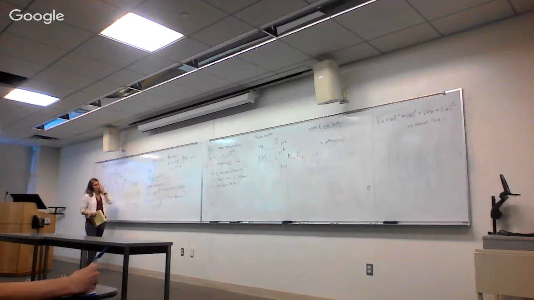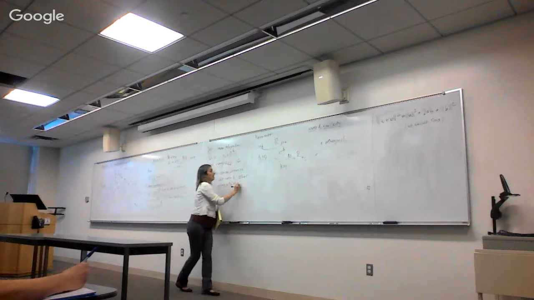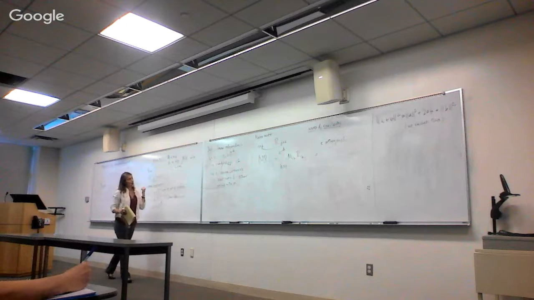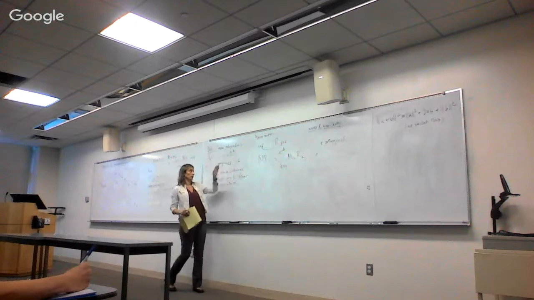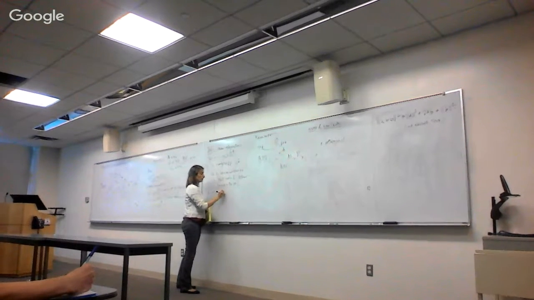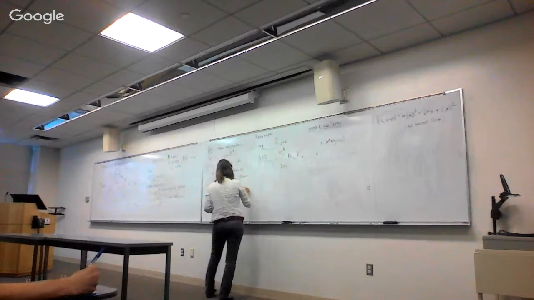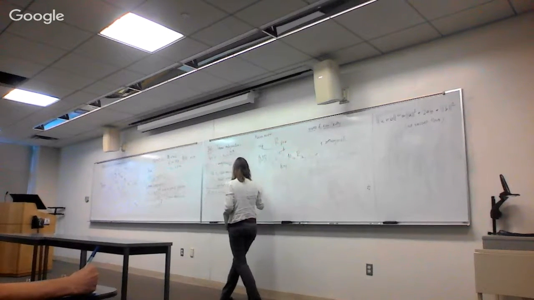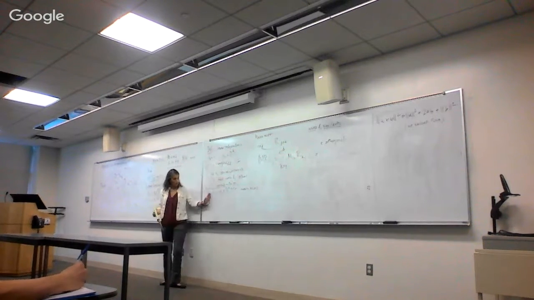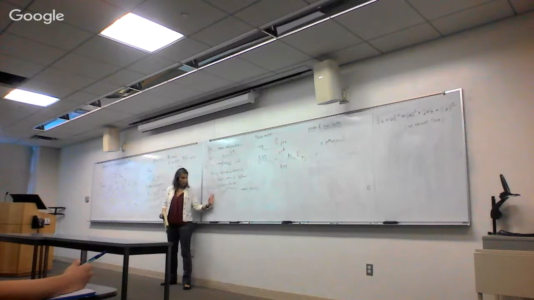So then we can talk about a span. Say we have n linearly independent vectors of length n, so in R^n. So the number of vectors matches the dimension of the vectors, and they're linearly independent.